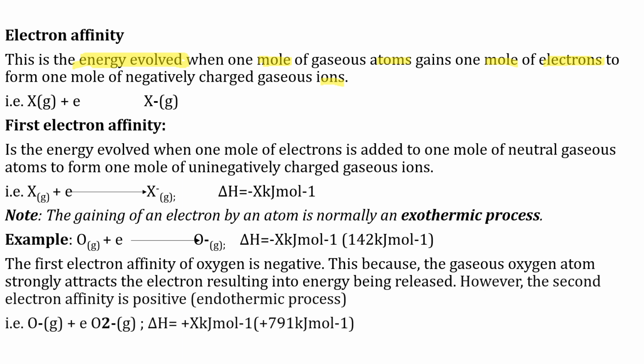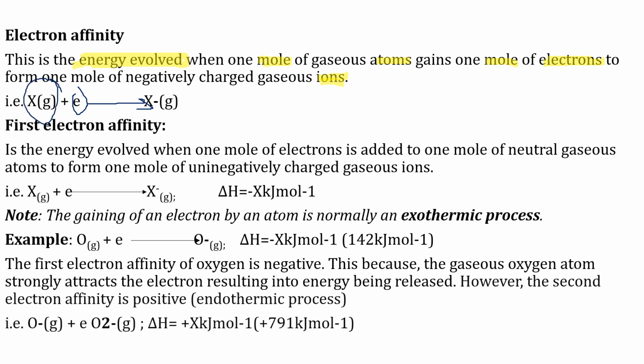Electron affinity is never an energy change. So this is the energy evolved when 1 mole of gaseous atoms gains 1 mole of electrons to form 1 mole of negatively charged gaseous ions. And this is the equation. In this equation, we are missing an arrow to show you that electron affinity is about adding an electron to a gaseous atom.